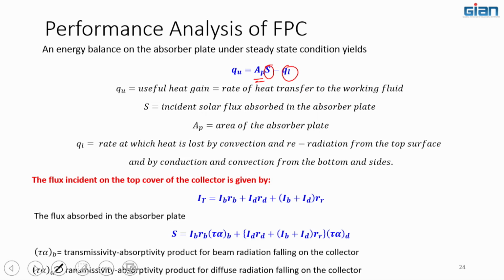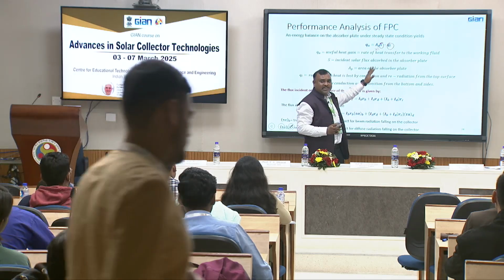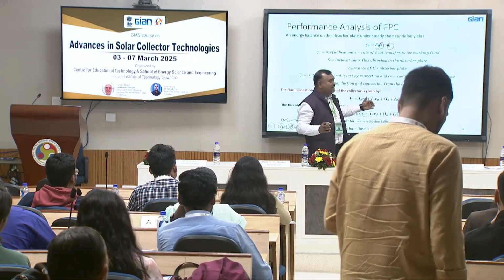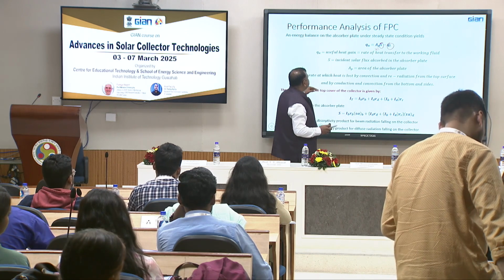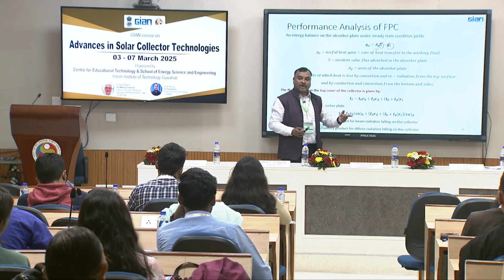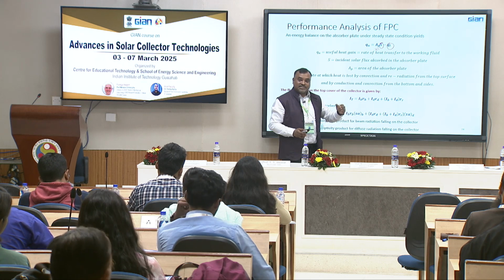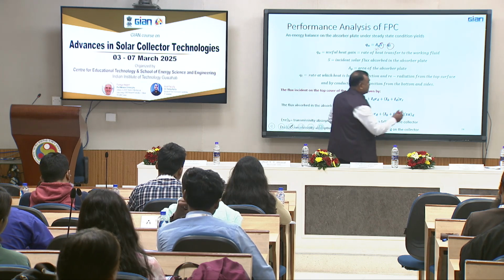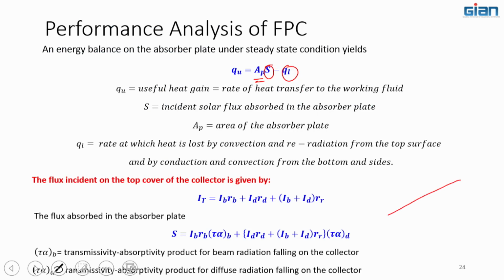So this S, even though it looks only S, it's not so simple. Actually it has a lot of components, right. So this S is nothing but the incident solar flux absorbed in the absorber. So this is not something like I, because you have a glass cover, then you have an absorber plate, right.